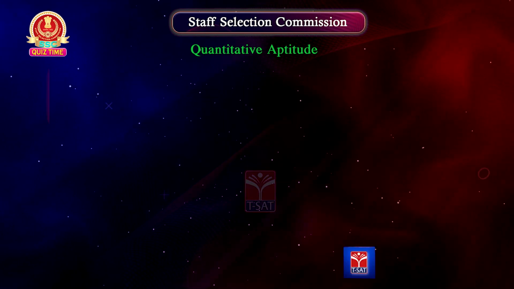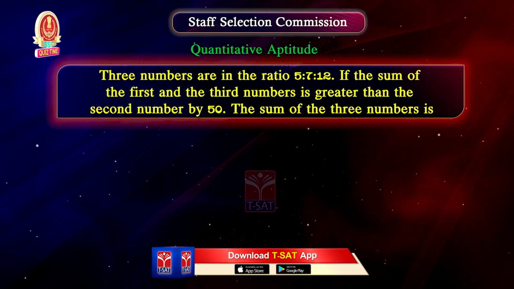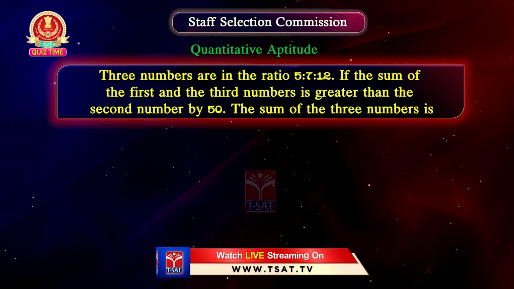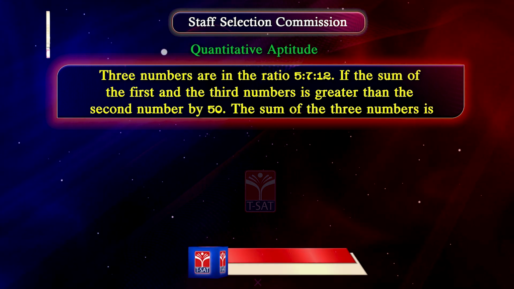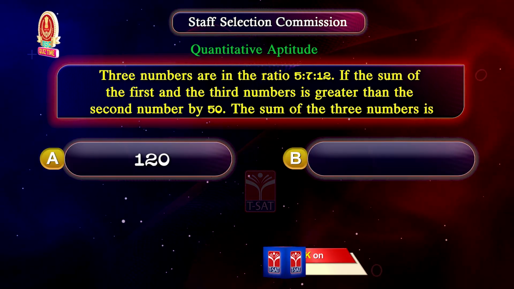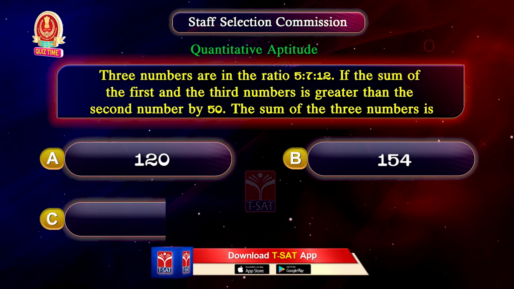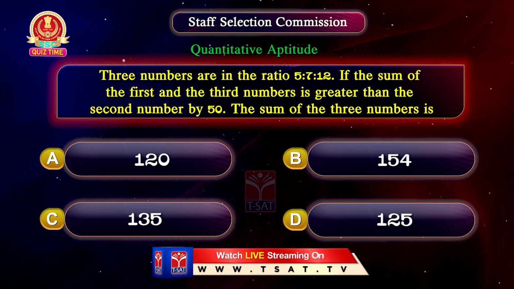Next question. Three numbers are in the ratio 5:7:12. If the sum of the first and third numbers is greater than the second number by 50, the sum of the three numbers is: option A, 120; option B, 154; option C, 135; option D, 125.